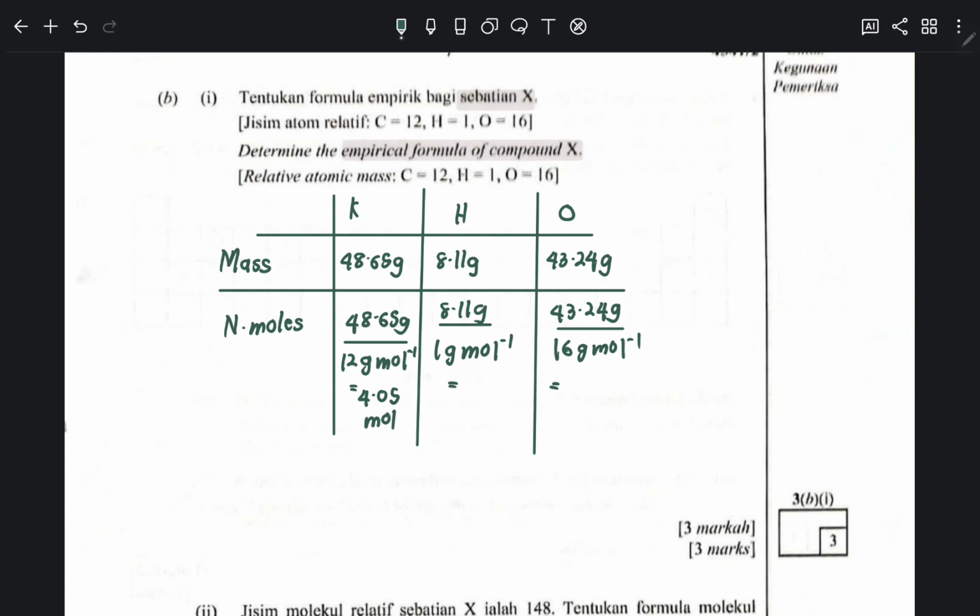Then 8.11 I divide with 1, no changes, I'll get the same one only, 8.11 mole. And the last one is 43.24 divided by 16, so you'll get 2.703.